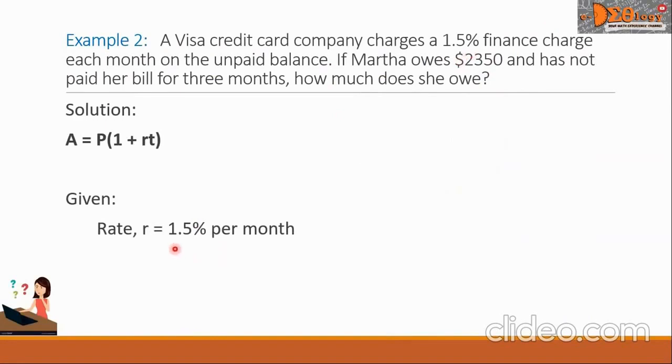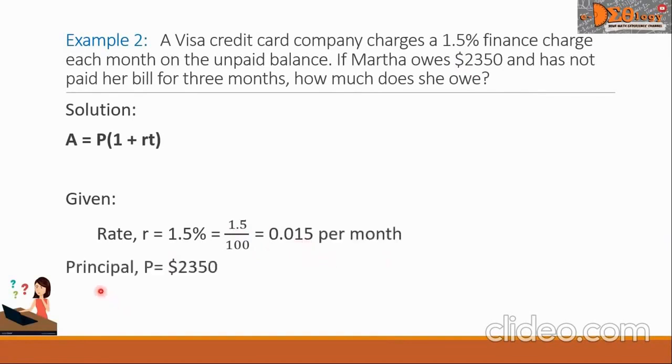Let us convert this 1.5% into decimal, so we will put 1.5 over 100. We will get the quotient here, so the answer is 0.015. So 1.5% equals 0.015 in decimal. And this is the rate per month.